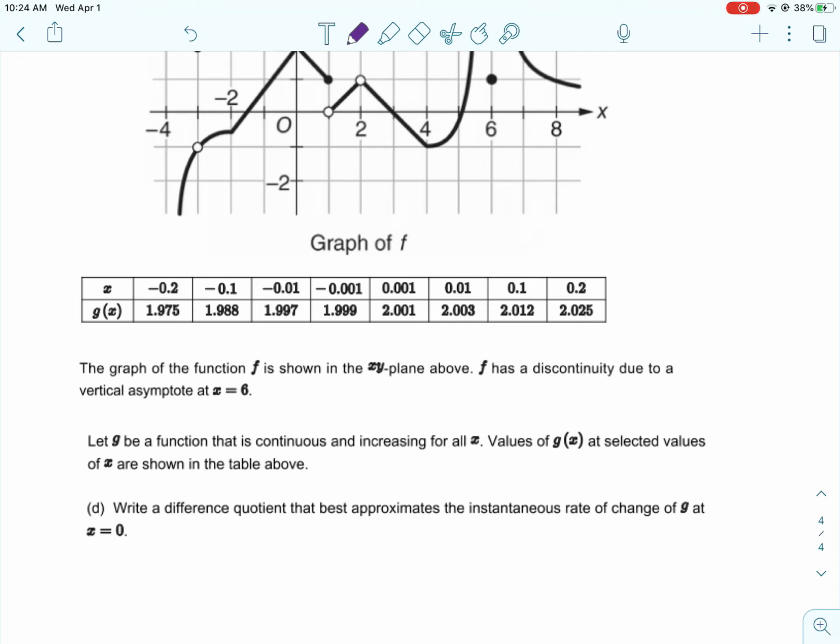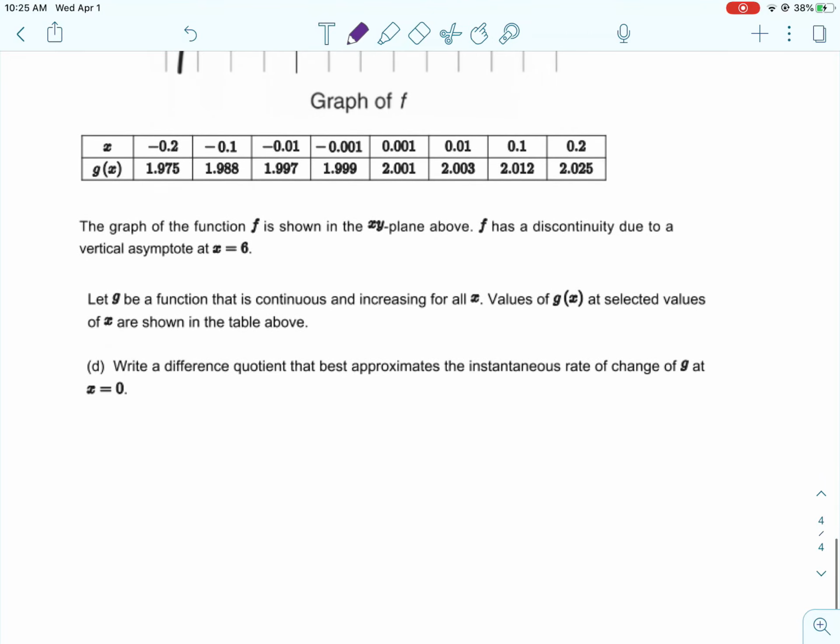Okay, and then the very last one. We haven't really done this in a long time, talking about a difference quotient, but a difference quotient is just subtraction and division put together, which is basically the slope formula. This one we're talking about G, and we want to find the difference quotient that best approximates the instantaneous rate of change.